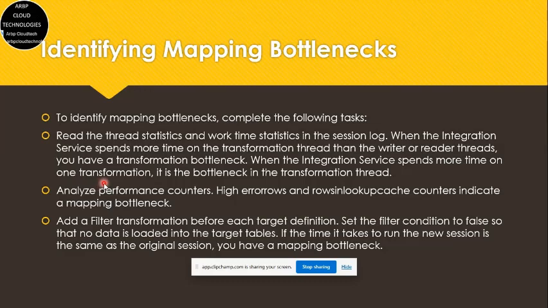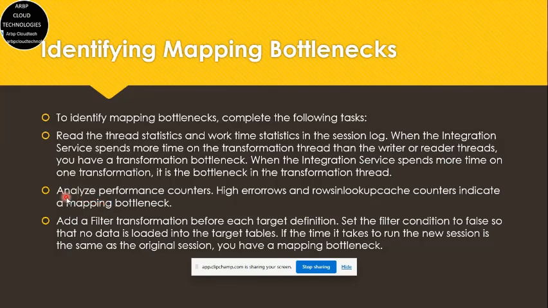Suppose you have used multiple transformations, and one transformation is trying to send data to the next transformation, but somehow the job is stuck in a particular previous transformation and nothing is increasing in the pipeline. If you notice your pipeline is showing the same data and the throughput is decreasing time by time, that time you have to identify that it is a mapping bottleneck, right?